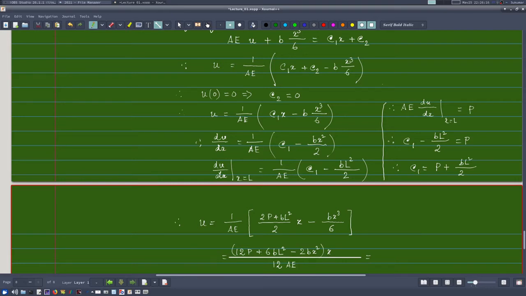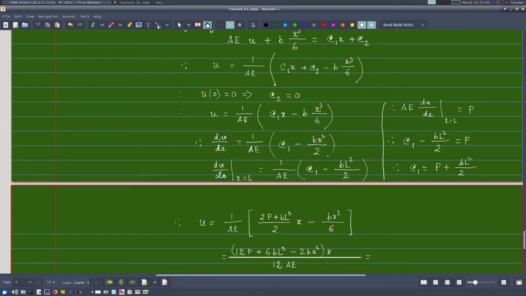And from here, by putting the boundary condition value, I get finally C1 equal to P plus BL square by 2. And when I put this value here in this equation of U is 1 by AE into C1 is P plus BL square by 2 into X. So this I have simplified as 2P plus BL square by 2 into X minus BX cube by 6, and then after simplification we get U equal to this.